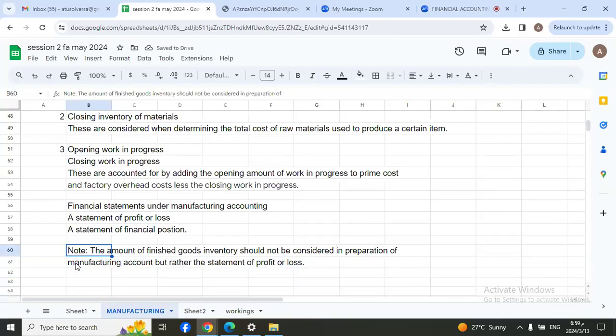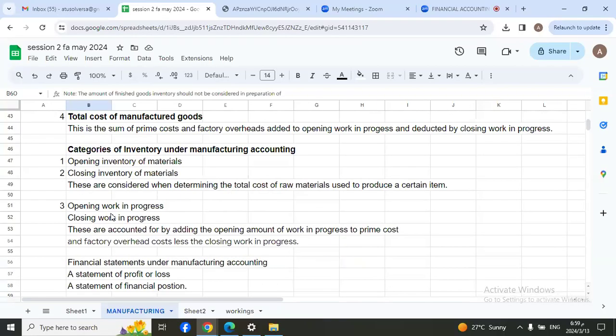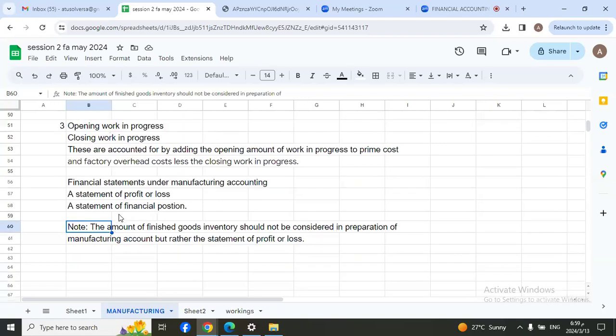Because under manufacturing account, I've told you 4 inventories: opening inventory materials, closing inventory materials, opening work in progress, closing work in progress. You will find that they give you 3 opening balances and 3 closing balances. So the closing balance and opening balance of finished goods should not be considered in preparation of a manufacturing account, but rather in the statement of profit or loss.